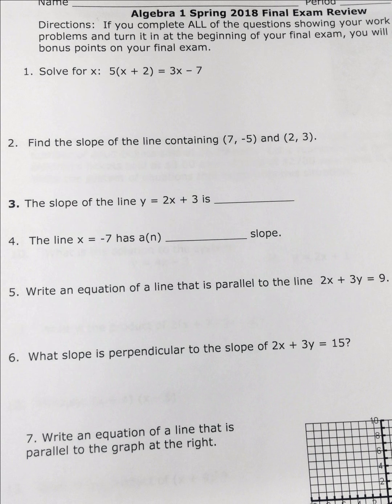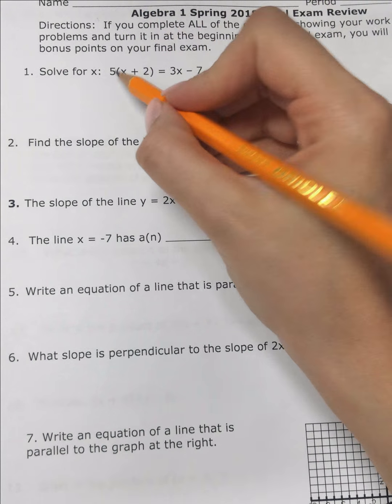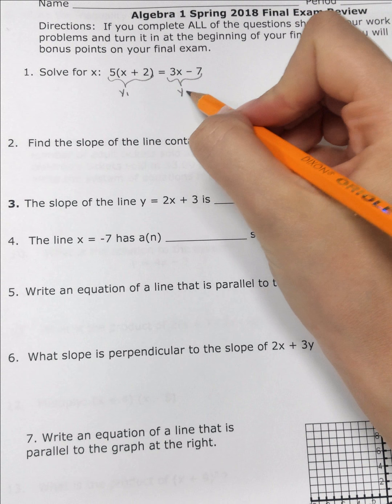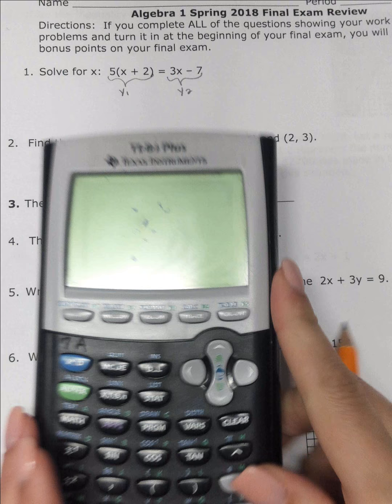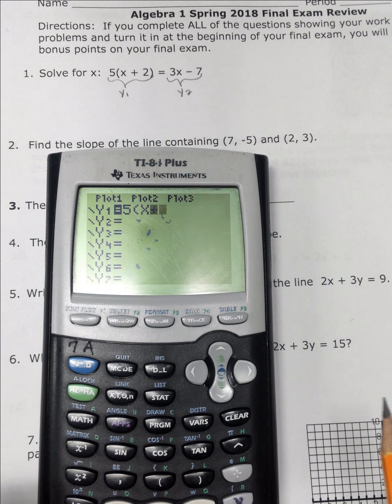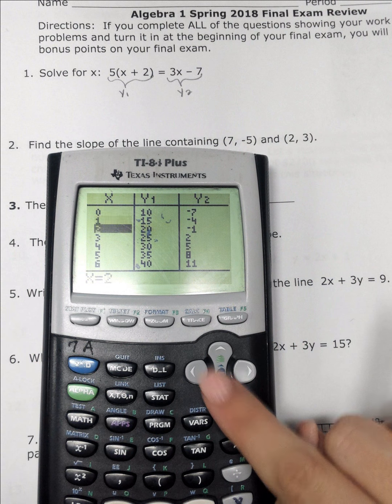So for this first problem, solve for x. This is an equation. You could put the left side in y1 and the right side in y2. I do that. Y equals, we put 5, parentheses, x plus 2, and then 3x minus 7. Let's see, where are they the same?